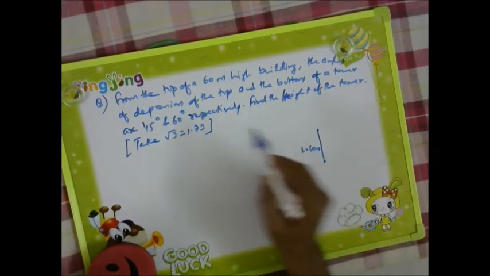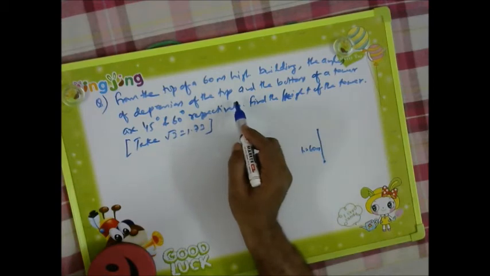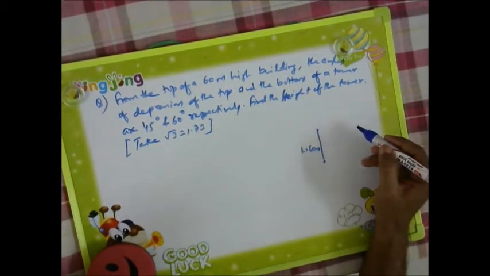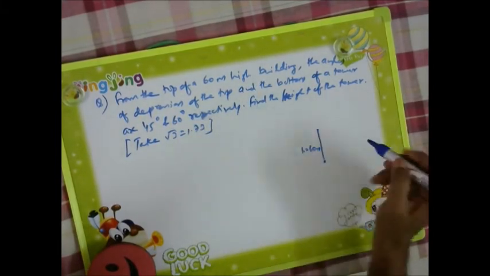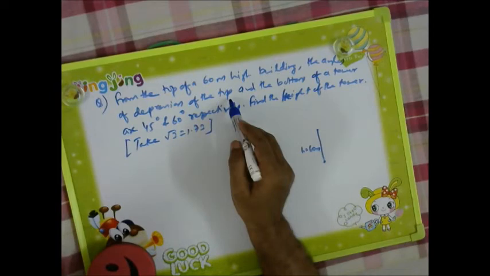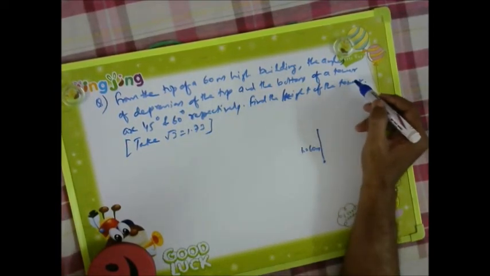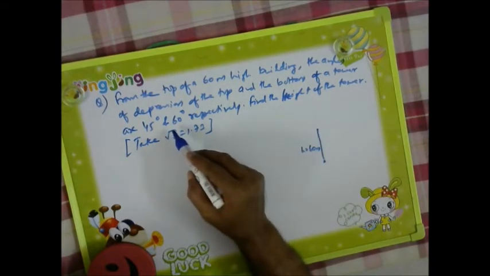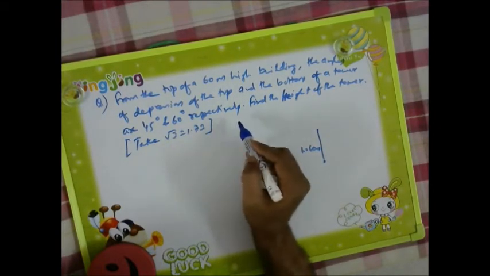The angles of depression of the top and the bottom of a tower are 45-degree and 60-degree respectively.